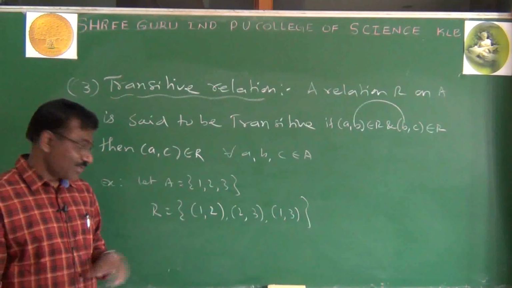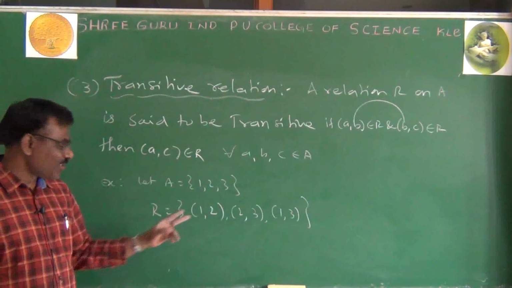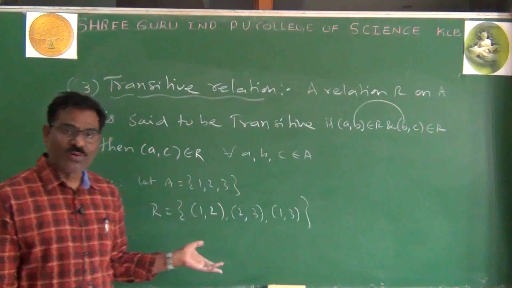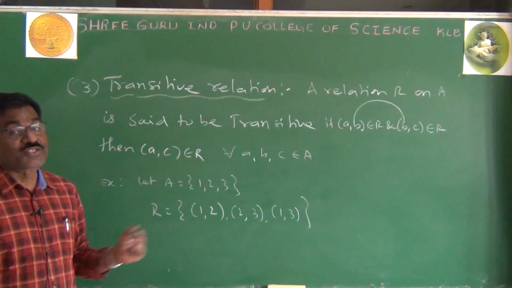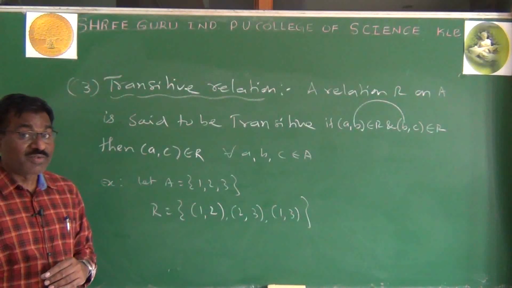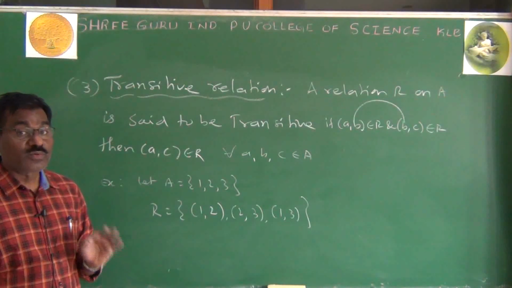Is it symmetric? 1, 2, 2, 1. No. 1, 2 belongs to R, but 2 comma 1 does not belong. This is not symmetric. This is called what? Transitive. Sometimes a 1 mark question is very difficult. The 1 mark question is the most difficult question that comes.